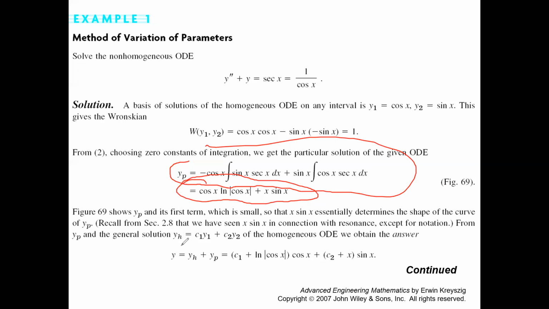Since we have the yp over here, we can also have the homogeneous solutions, and we join them together to have the final general solution. So C1 plus ln cos x times cos x, because the yh is equal to C1 cos x plus C2 sinus x. And this one is C2 plus x plus x sinus x. So this will be your solution for this one.